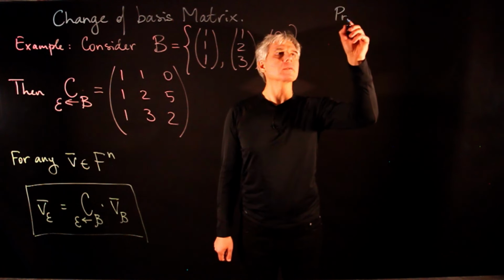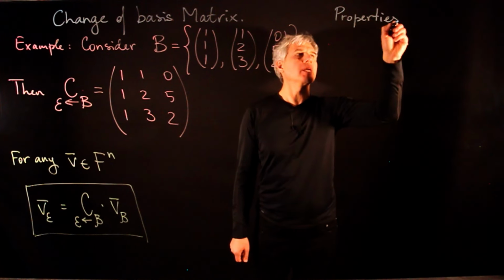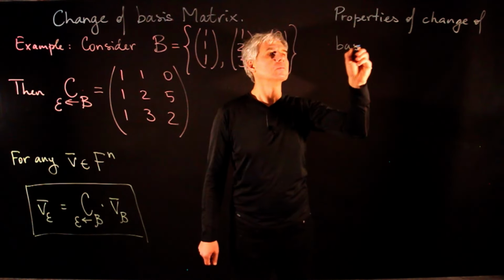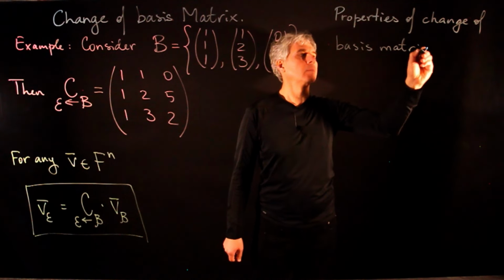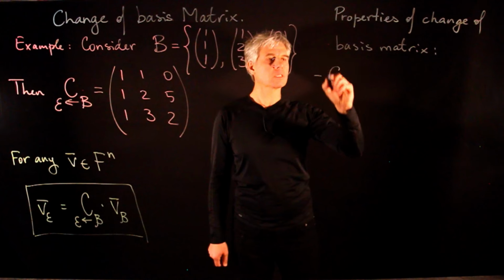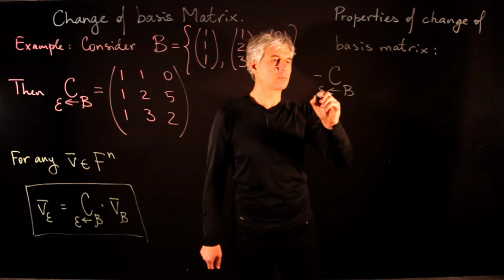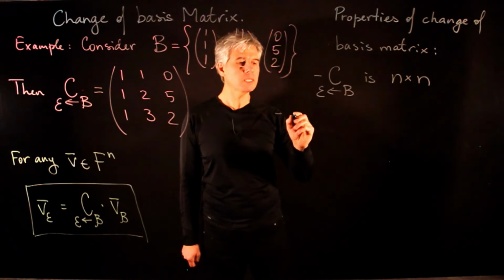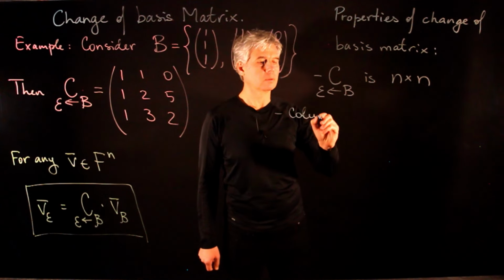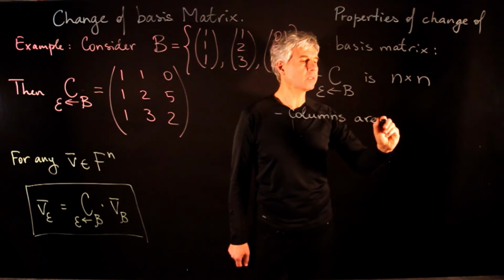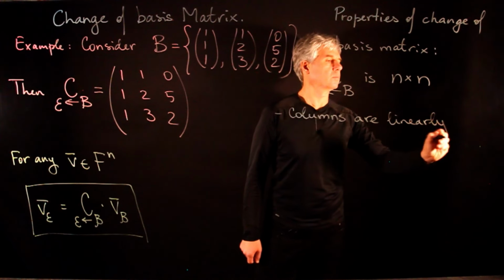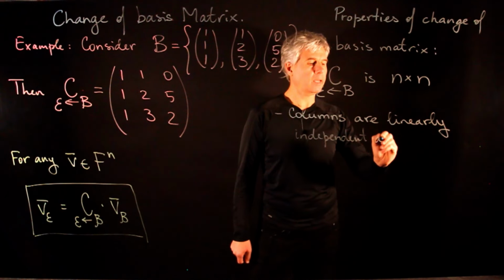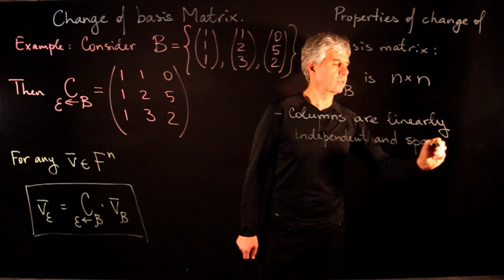Now, what are the properties of the change of basis matrix? Well, first of all, this change of basis matrix is square. And then what we see is that the columns of this matrix are linearly independent and span Fn.